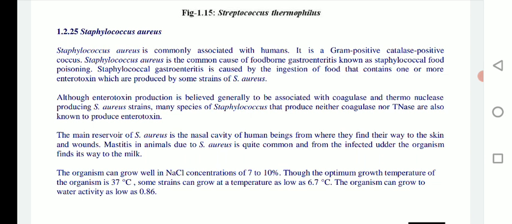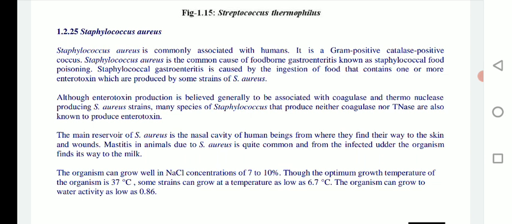Staphylococcal gastroenteritis is caused by ingestion of food that contains one or more enterotoxins which are produced by some strains of Staphylococcus aureus. Basically this bacteria causes foodborne illness because it produces a toxin categorized as enterotoxin.